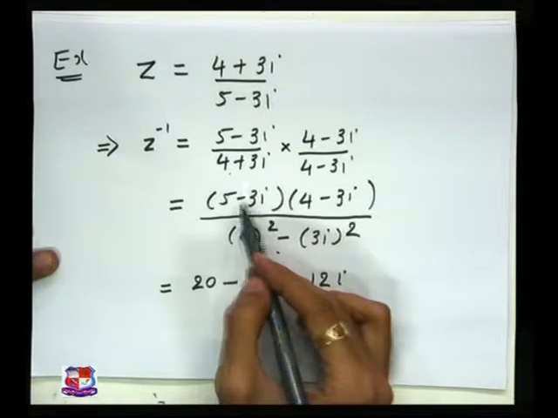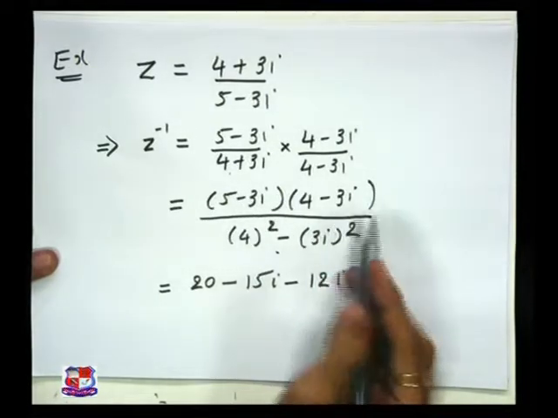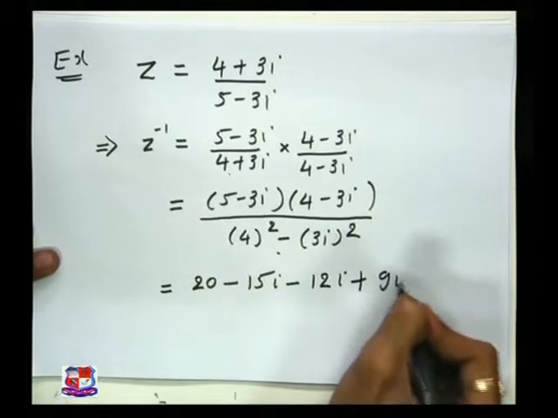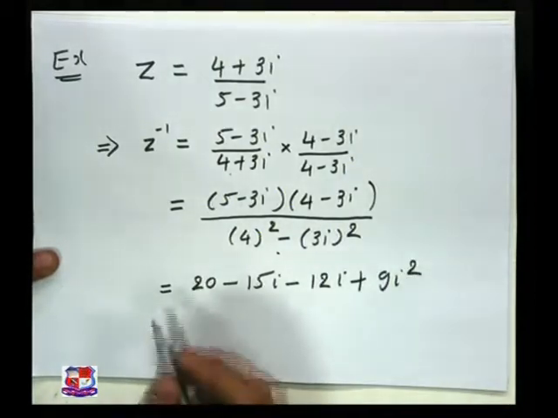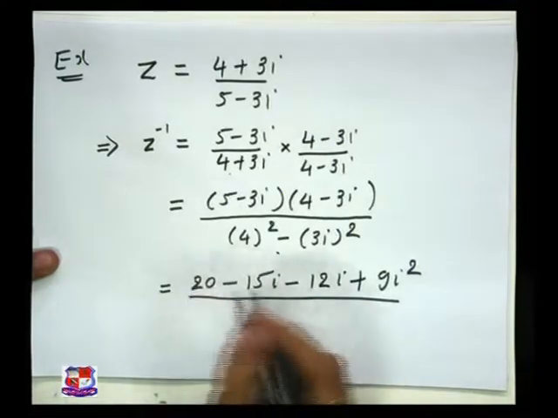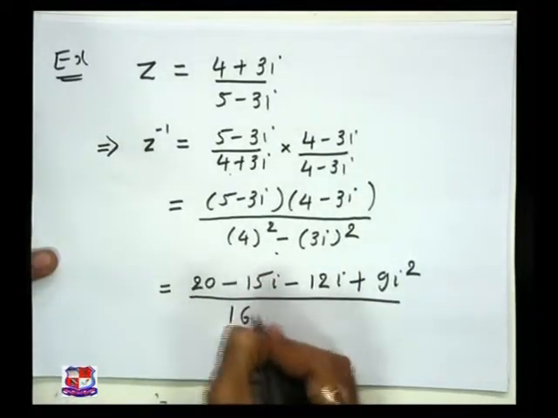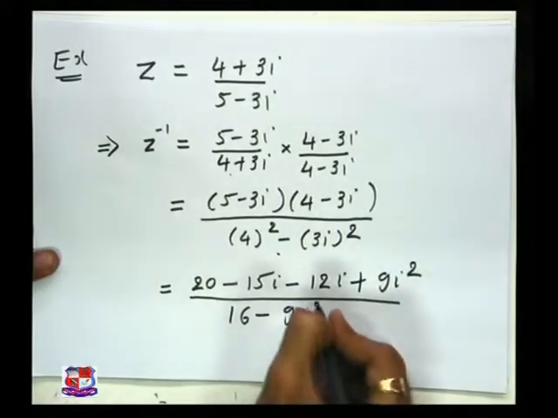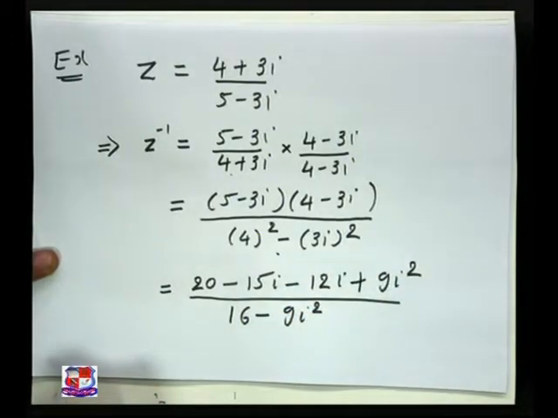Then minus 3i into minus 3i, that is minus minus plus, 3 into 3 is 9, i into i is i square. In the denominator I will get 4 square, that is 16, minus 3 square, that is 9 into i square.